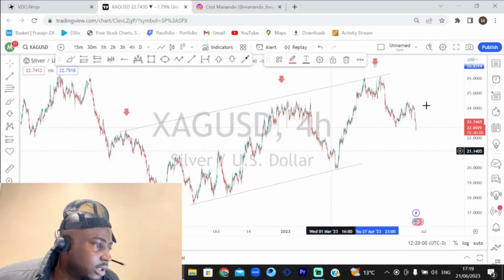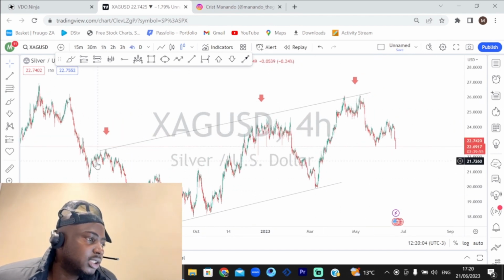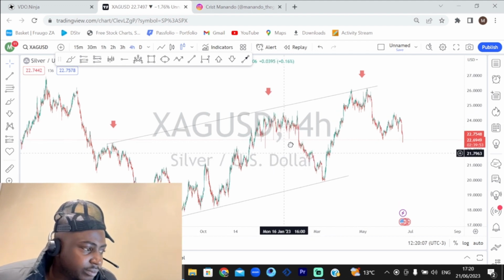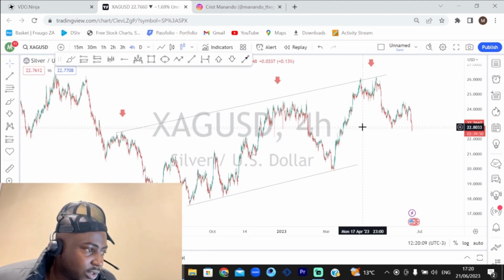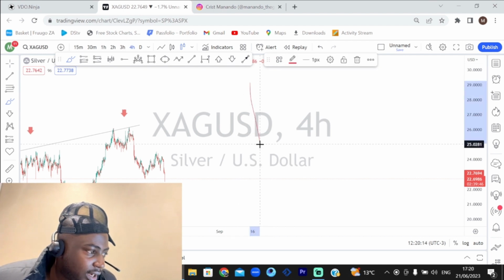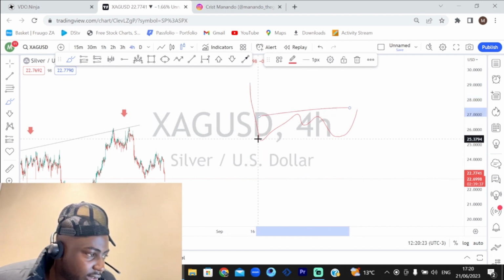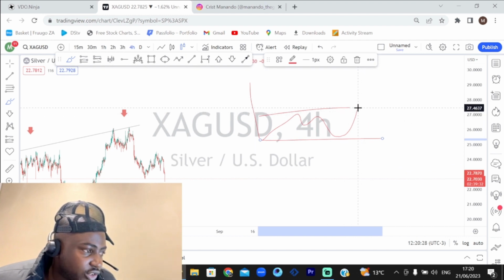Alright, cool. We have 3 touches on our trend line, which is the resistance. We're not going to focus on the support because when we trade an impulse to the downside followed by a correction like this, we only focus on the resistance, because that's where we're going to base our trades off.